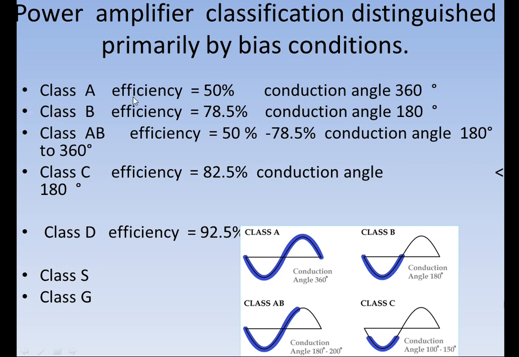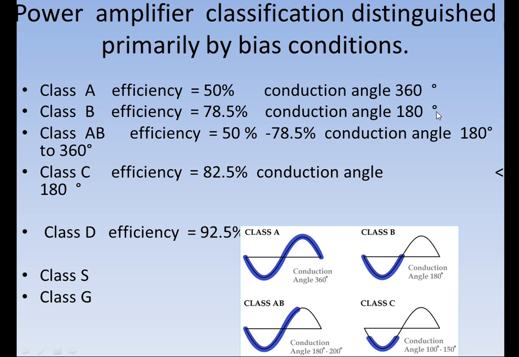In class A, the conduction angle is 360 degrees. That means the output signal conducts for all 360 degrees, so you get output for both the positive and negative cycles. That is class A, and its maximum efficiency is 50%.